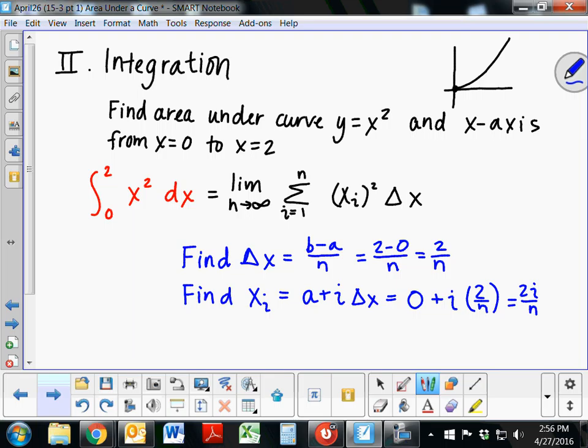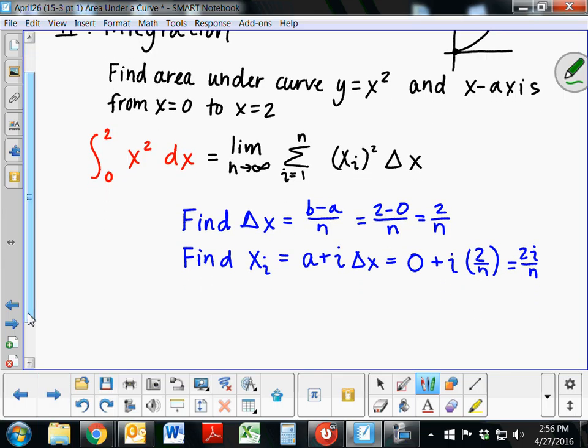If I were you, and I was highlighting things for future use, these 2 steps are important. This is always going to be true, no matter the problem, and this is always going to be true. So those 2 things are like the equations. The rest of it to the right is just for this problem. So those would be things that I'd want to highlight to myself, because I'm going to have to find these 2 things every time so that I can turn this limit into a function.